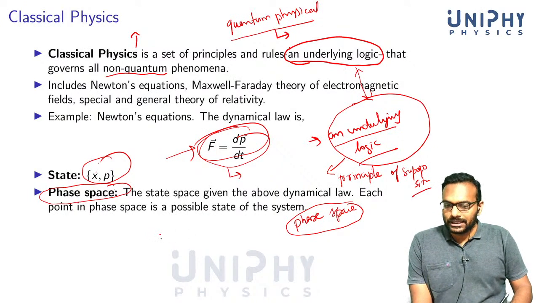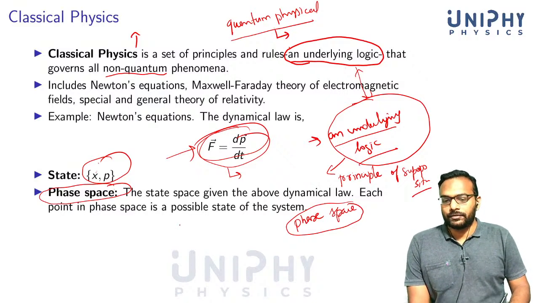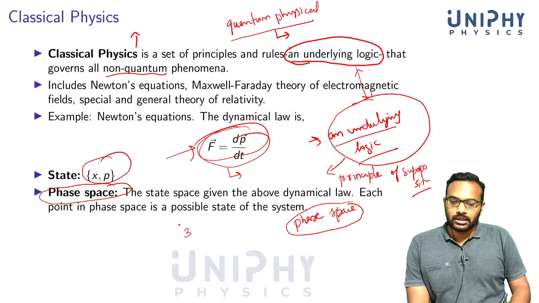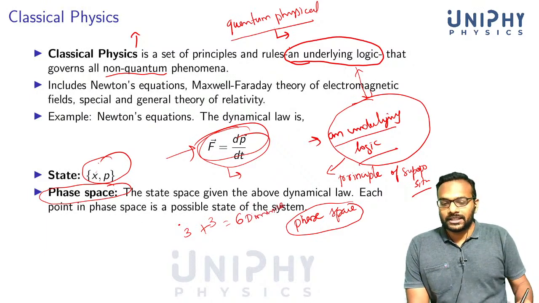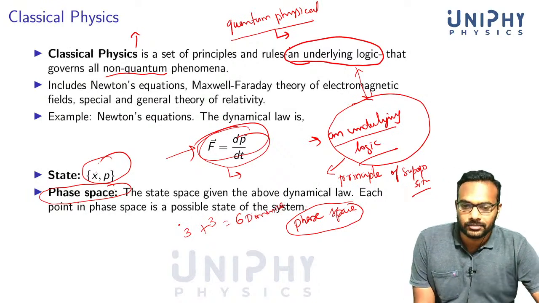It's an abstract space, but what are the points in this space labeled by? The points in this space are labeled by position and momentum. So, if you take a single particle in 3 dimensions, you will need 3 coordinates to completely specify the position. You will need 3 numbers to completely specify the momentum. So, altogether the phase space would be 6 dimensions. Here, phase space is the state space of a classical mechanical system. I hope that's clear.